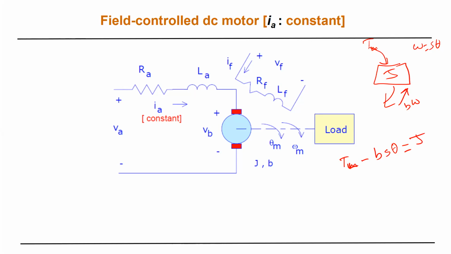S square theta. So now I will have J S square plus B S, I factor the theta out. This is equal to TL. So theta equals 1 over, here TL, and let me take the S out. Okay, and this is basically what we have said.